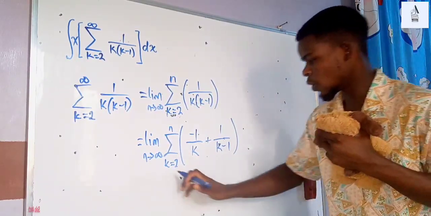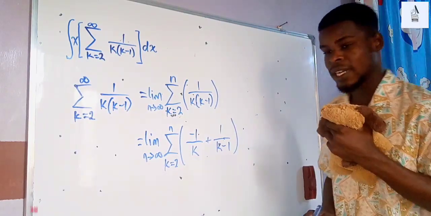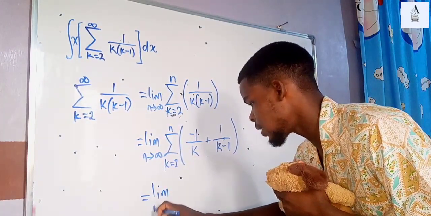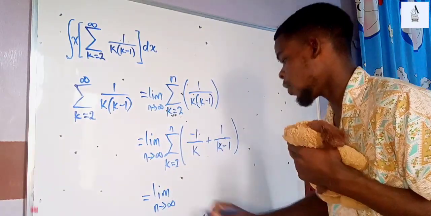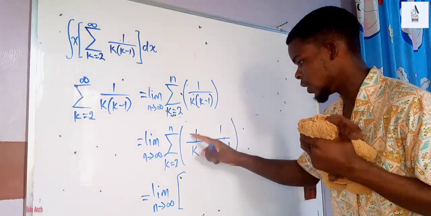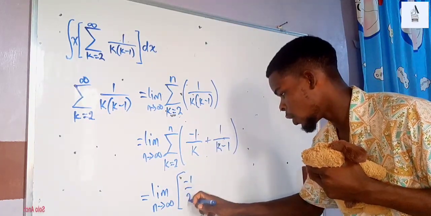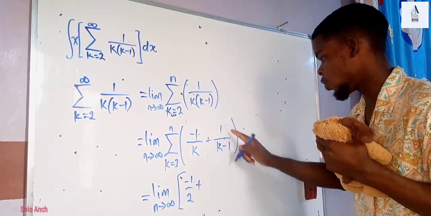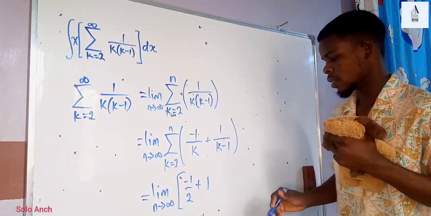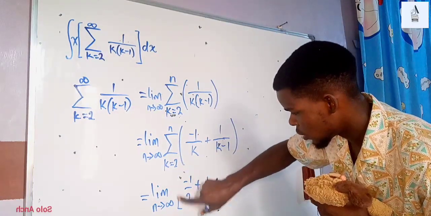All right, so since we're done with that, the next thing is to find out the sum. So I'm going to equate this to the limit as n tends to infinity of: when k is 2, we're going to have negative 1/2 plus 1 over 1.